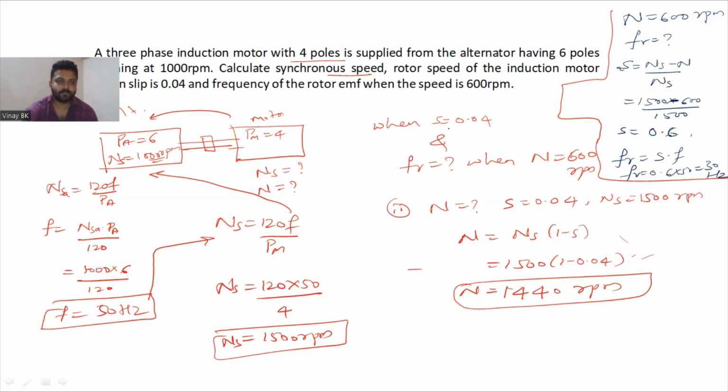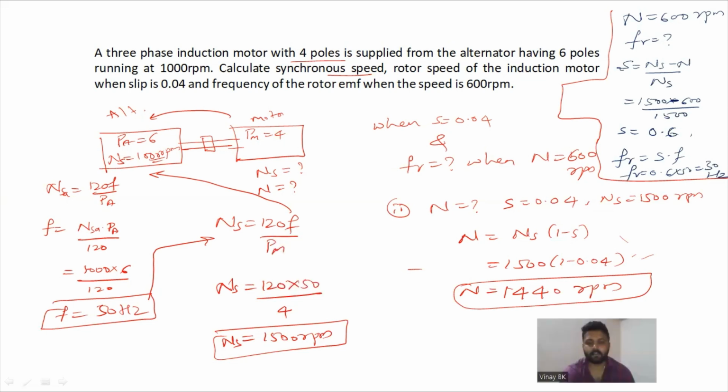The problem is very simple. First, you need to find Ns of the motor, which is driven by the alternator, so with the help of the alternator data find the frequency, then substitute it to get the synchronous speed of the motor. Then with the synchronous speed of the motor and the given slip of 0.04, you find the motor speed N equals Ns into 1 minus s.